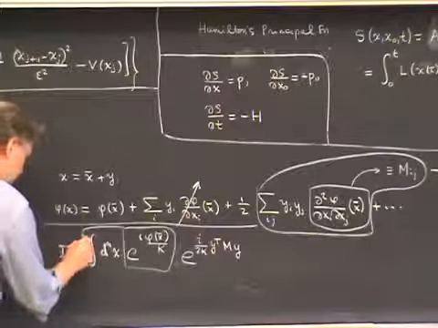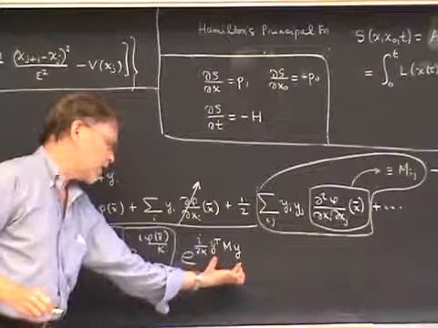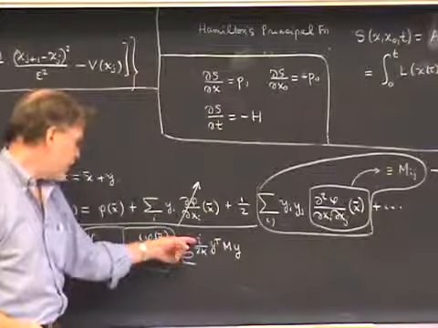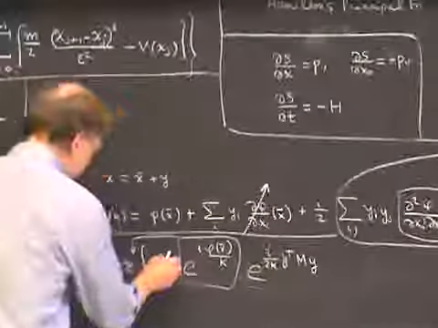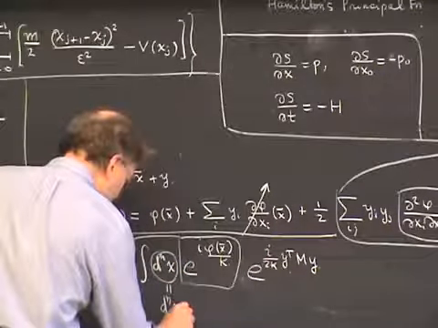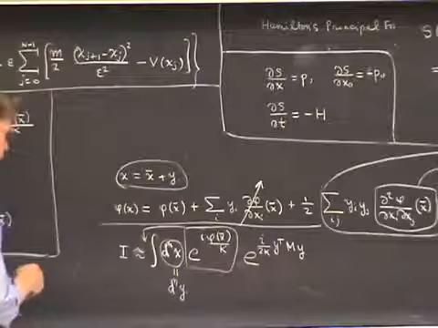It can be taken out of the integral. And as far as the rest of it is concerned, it's a Gaussian integral. It's in multi-dimensions now with the matrix M. And it's a purely imaginary exponent, but it's basically a Gaussian integral. The variable of integration d^n x is the same thing as d^n y, because x and y just differ by a shift, just a change of origin is all it is.